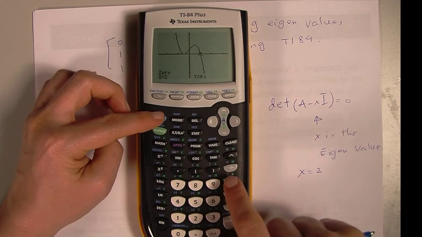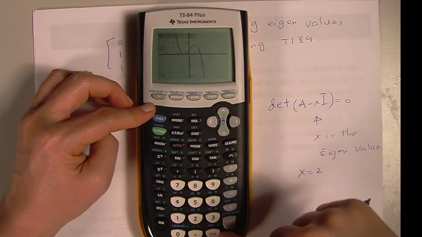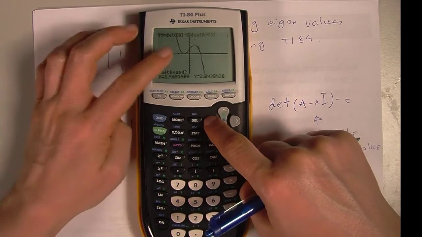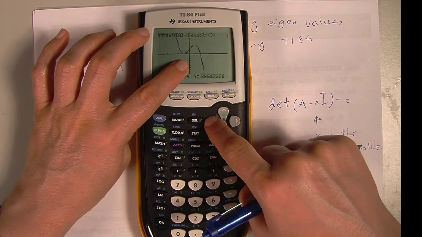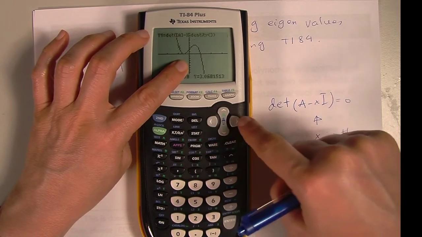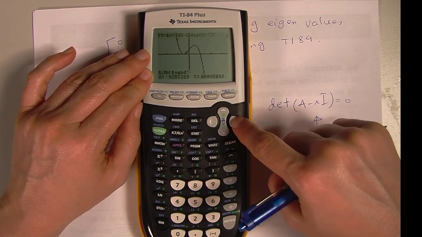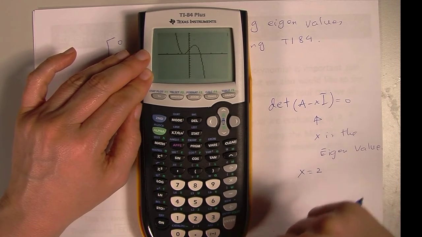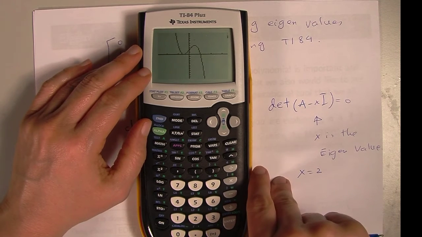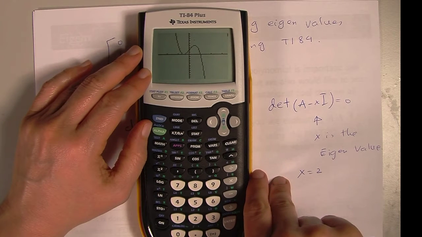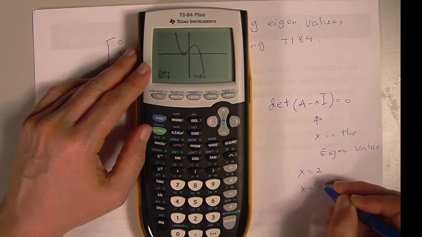And then the other one, again a zero. This time left bound over here because I can see a 0 down there. Right bound is here. And it's calculating 0, x equals -1.